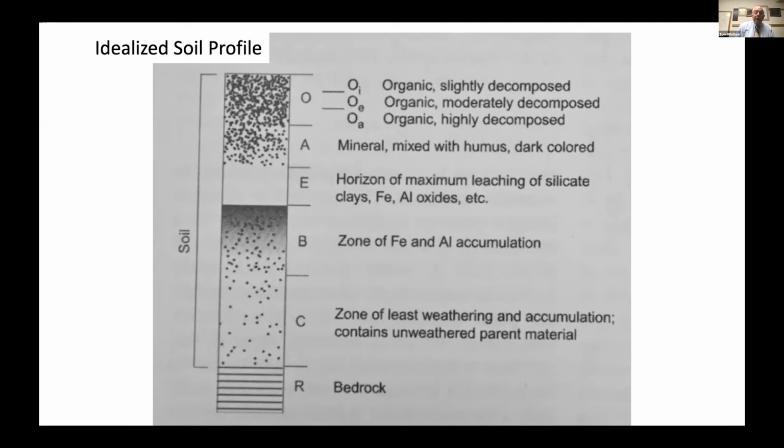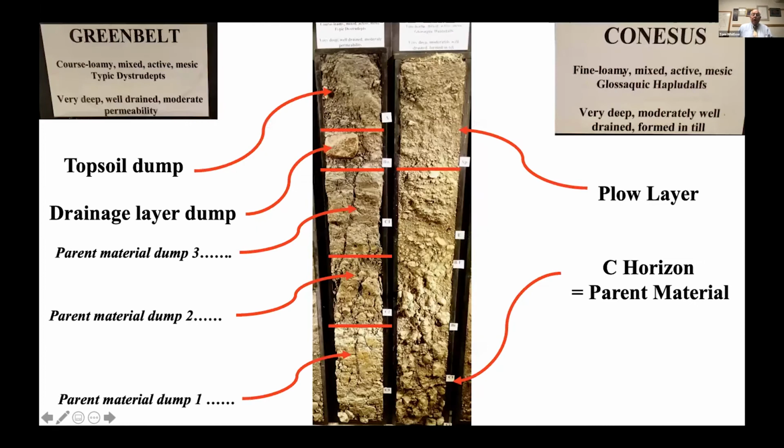We then have an E horizon, where we get material that is leaching out of the higher horizons. And then a B and C horizon that are accumulating these things that have been leached out. And then finally, at a fairly great depth in many instances, bedrock. In the C horizon, very little weathering is actually occurring. So this is an idealized soil profile.